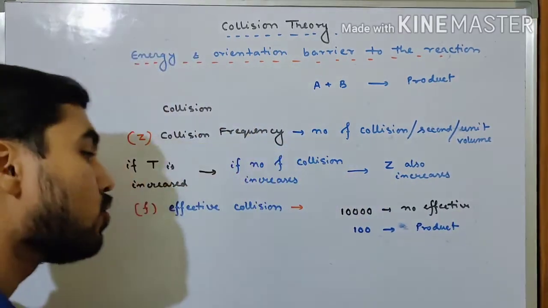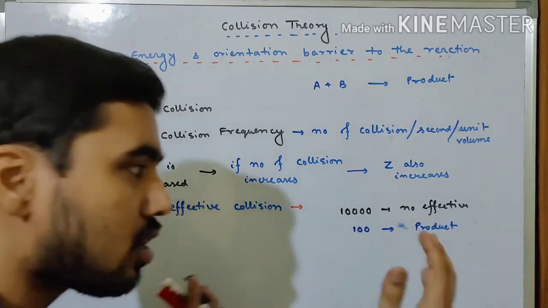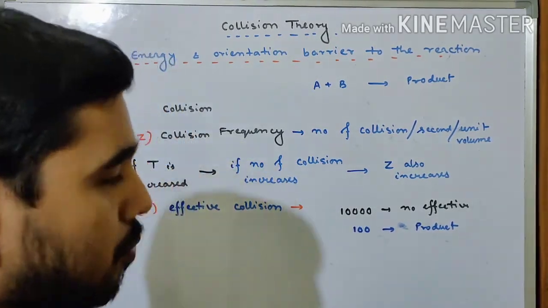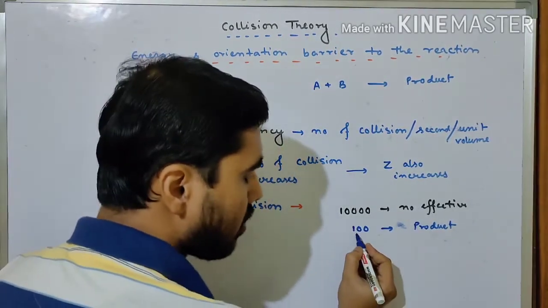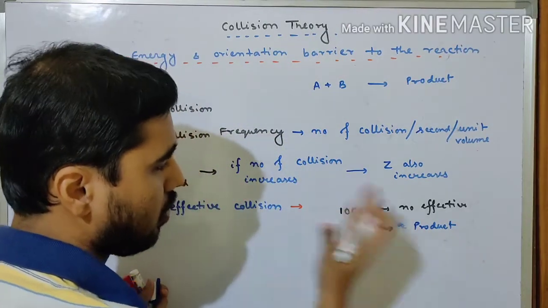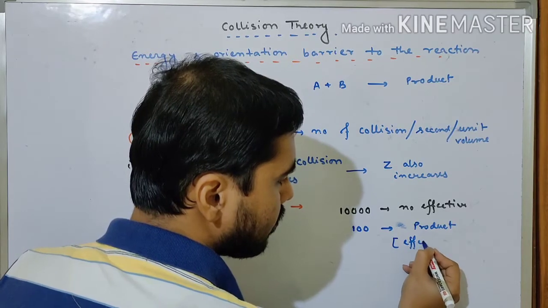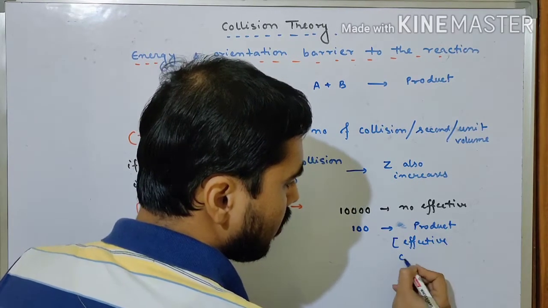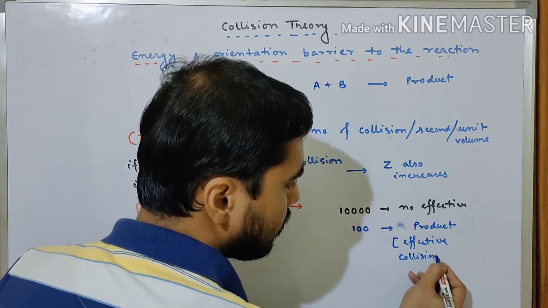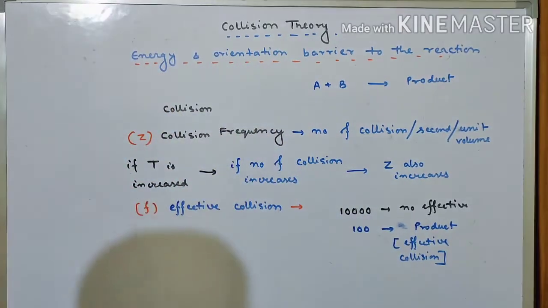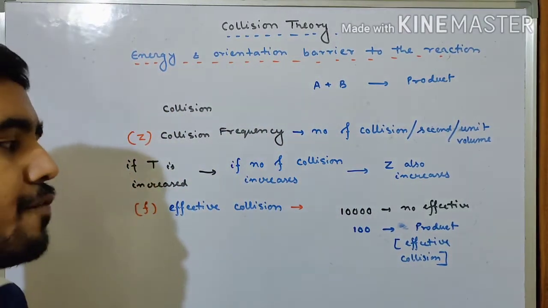Rest of them are not giving rise to product. The molecules are colliding but not giving rise to product. So only the collision which gives rise to product is known as effective collision.